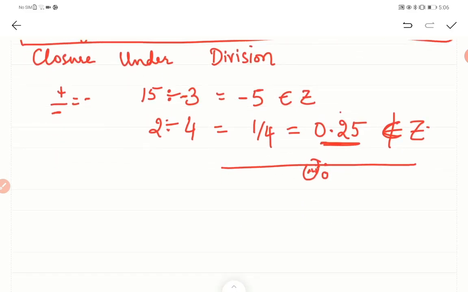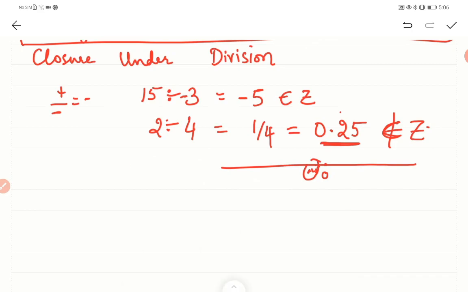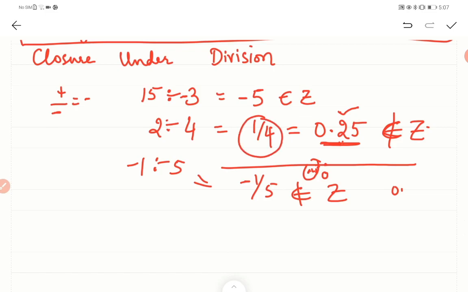So what do you infer? You have many cases like this, like minus 1 divided by 5. Again this is minus 1 by 5. This is a fraction. So even this doesn't belong to Z. So you can have a number of examples which will give you answers in terms of fractions or decimals, and this comes under your fraction.